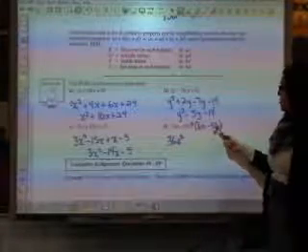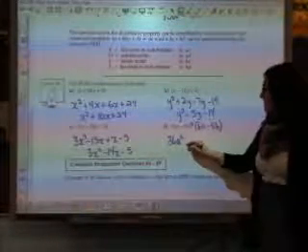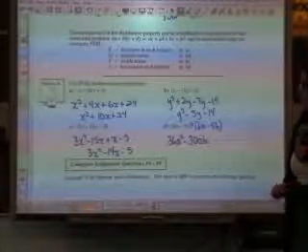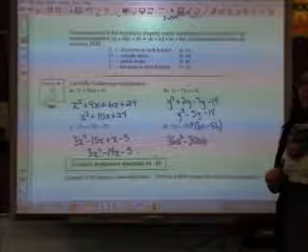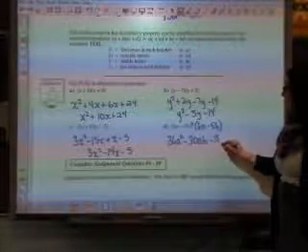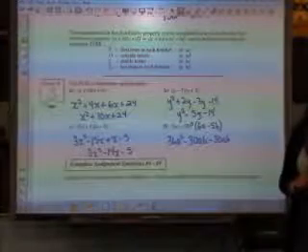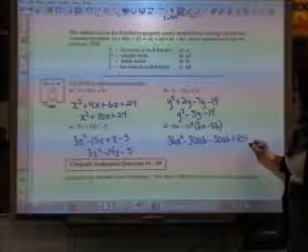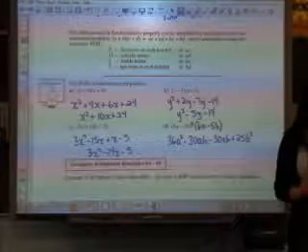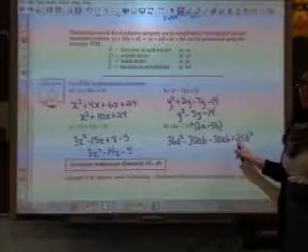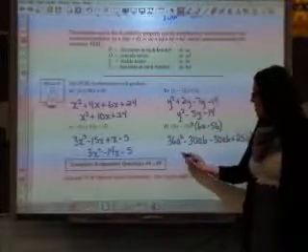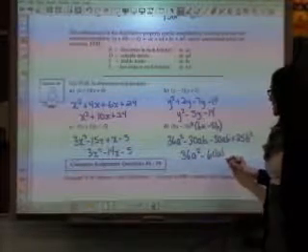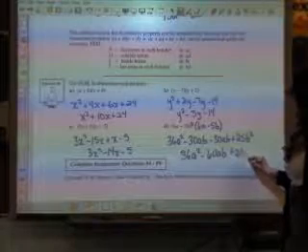But then when I do the 6a times the negative 5b, I get a negative 30ab. When I take negative 5b and multiply it by 6a, I get another negative 30ab. And then the negative 5b and the negative 5b. So it's not that it was completely wrong, it's that we missed the middle terms. So my final solution is 36a squared minus 60ab plus 25b squared.